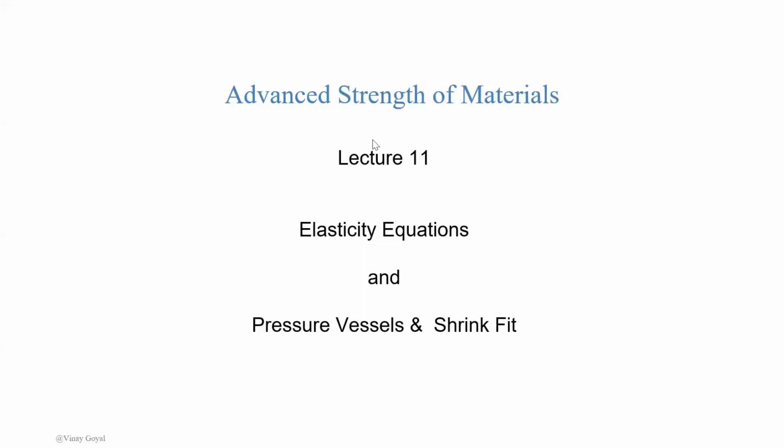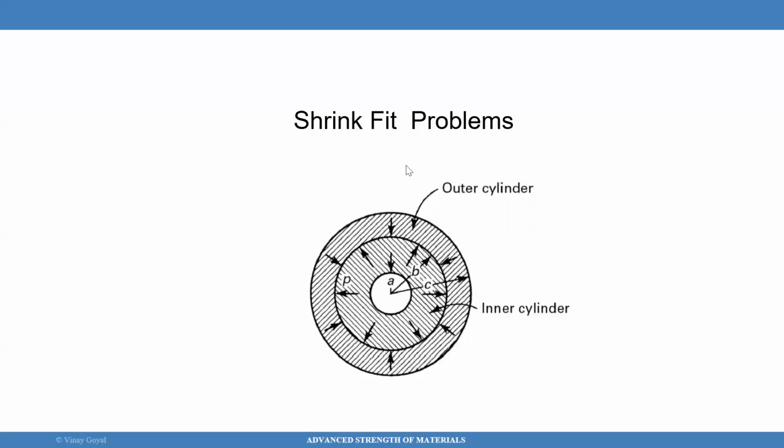I'll be covering shrink fit as another example of this. So let's look at that. What is this problem about? What is going on here? This is a problem where you're looking at an outer cylinder and an inner cylinder. We call this a compound cylinder, and it's encountered in real life quite a bit, which is a good reason to learn this.